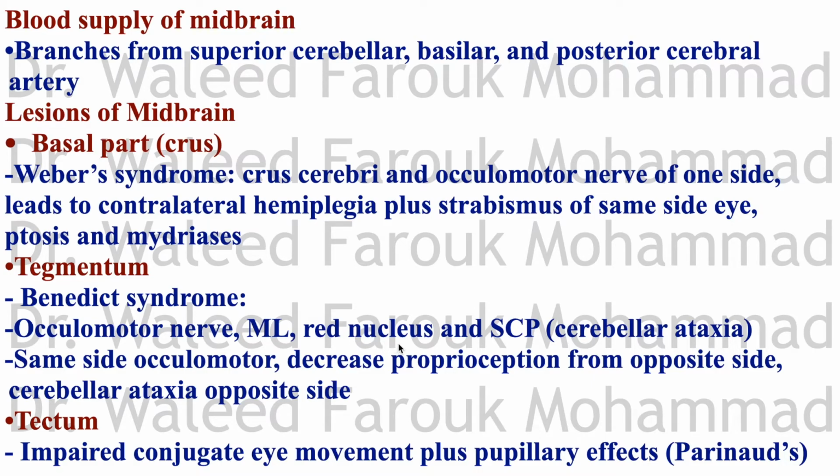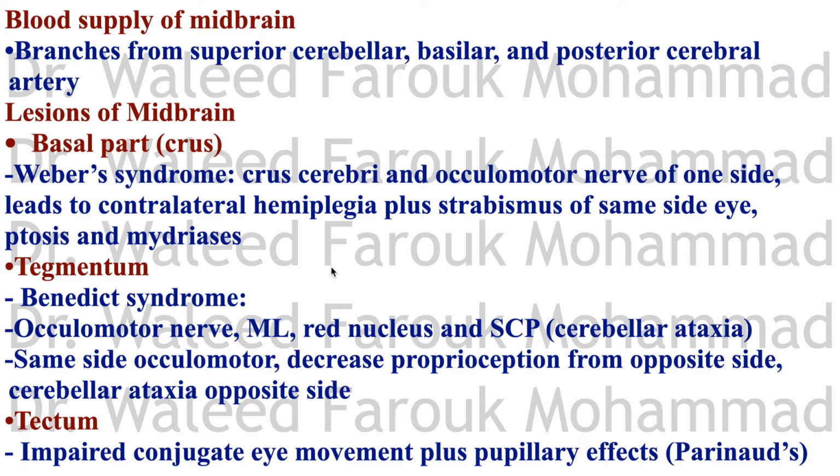Involvement also of the red nucleus and the superior cerebellar peduncle. This leads to cerebellar ataxia. So it's same side oculomotor and decreased proprioception from the opposite side, and cerebellar ataxia of the opposite side. See the difference between Benedict's and Weber's.